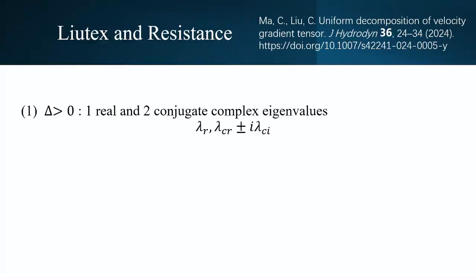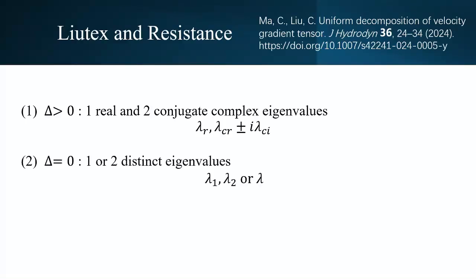So here we have 3 different cases depending on the eigenvalue status of the velocity gradient matrix U. The first one, when the discriminant is positive, we have 1 real and 2 complex conjugate eigenvalues. We call the real one lambda r, and the 2 complex conjugates lambda cr plus or minus i lambda ci. The second case is when the discriminant is 0. We have repeated eigenvalues.